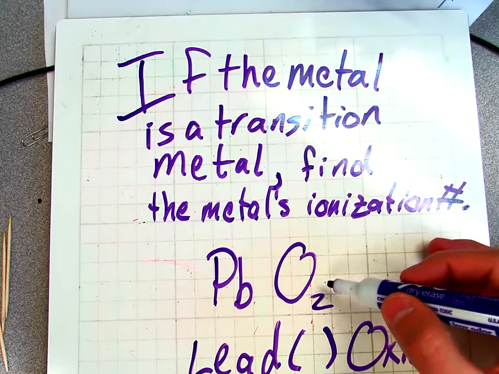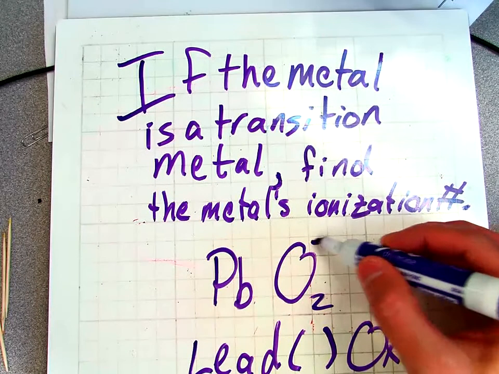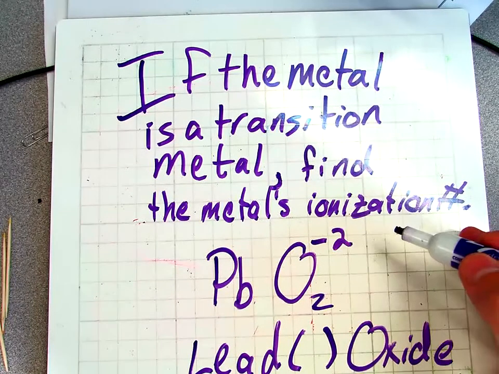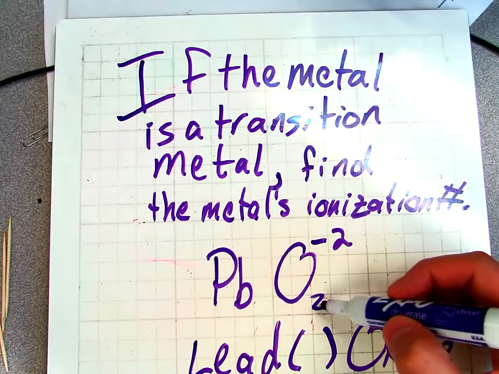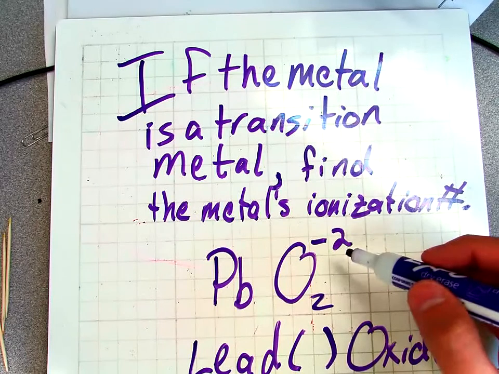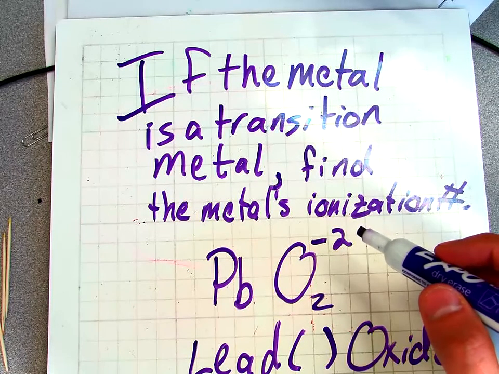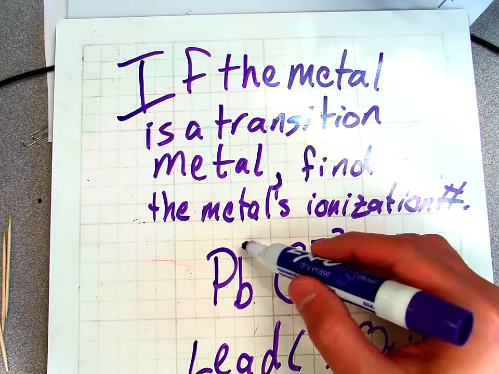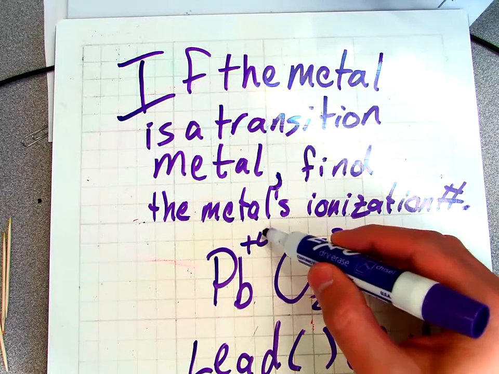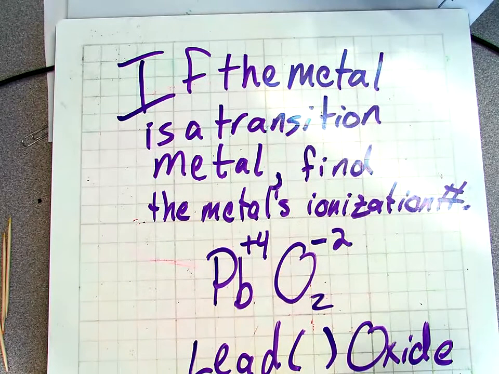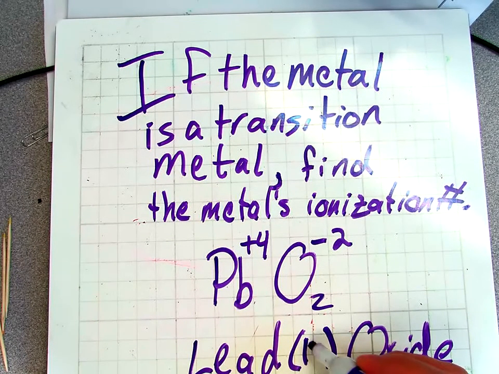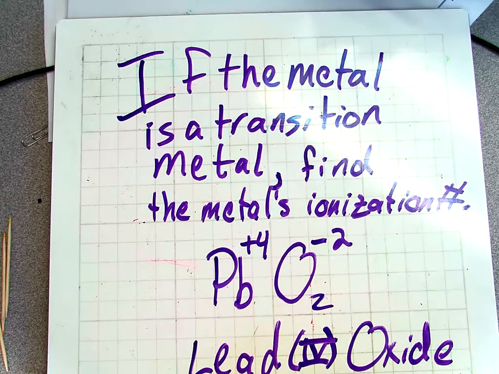Now, oxide. Every oxide is going to be a -2 ion. We've got 2 of them. So 2 times -2 is -4. So we need to have a +4 up here. So this is going to be, and we use Roman numerals, lead(IV) oxide.